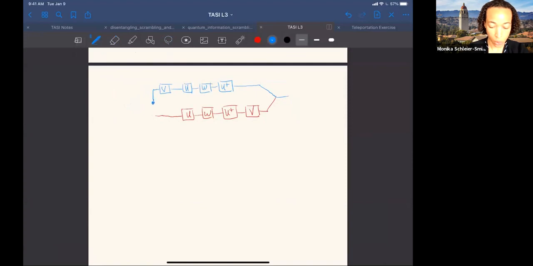And I'm going to apply one set of operators on one copy of my system, and the other set of operators on the entangled copy of the system. And at the end, I'm going to actually project onto the EPR state again.